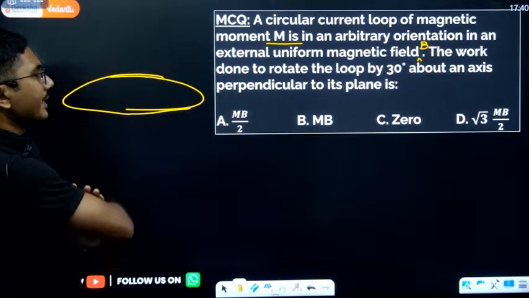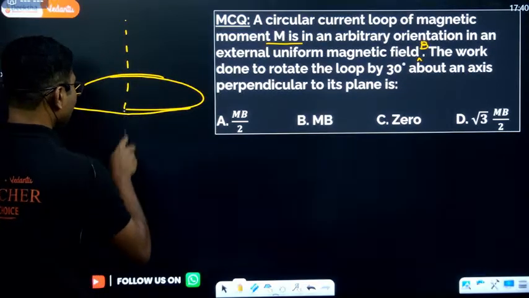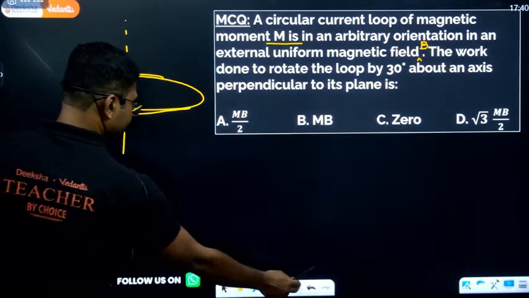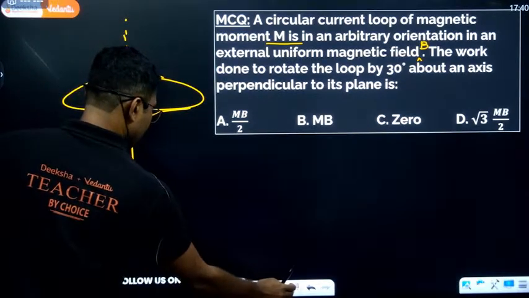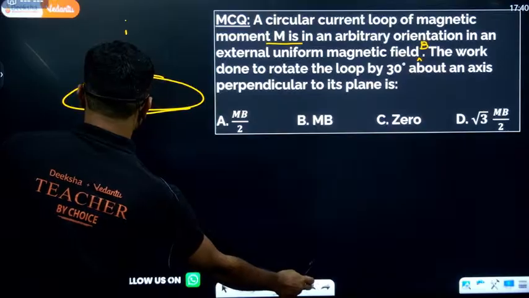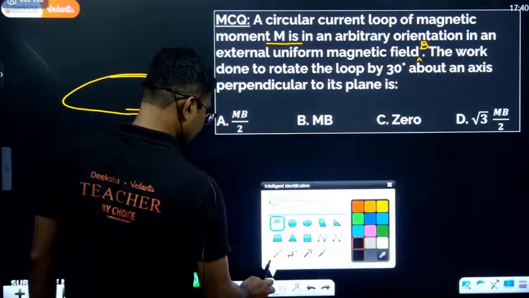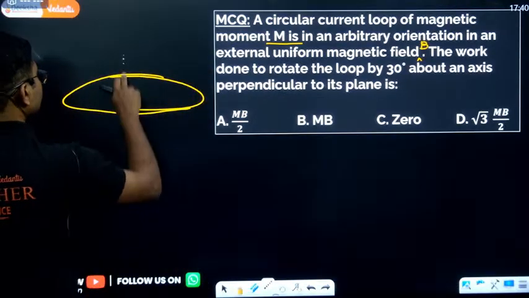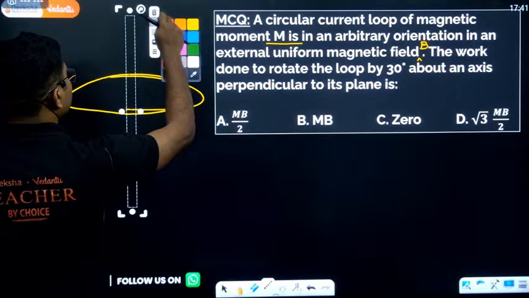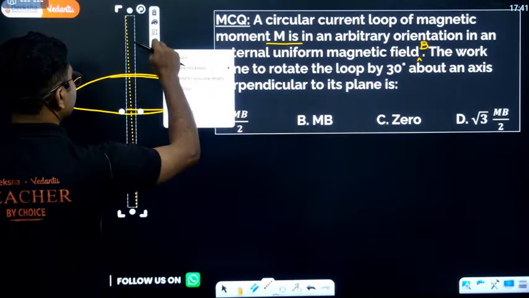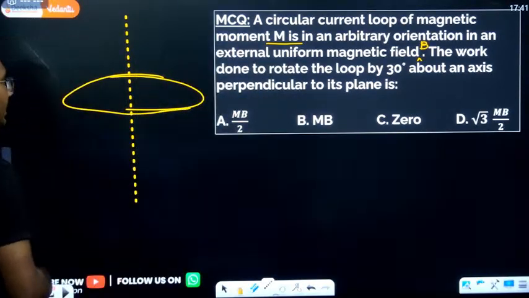The work done to rotate the loop by 30° about an axis perpendicular to its plane. So this is the perpendicular axis to the plane.